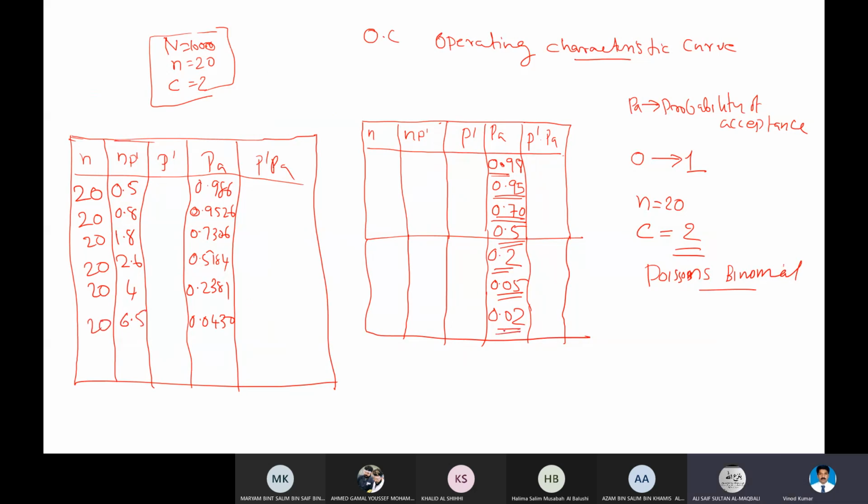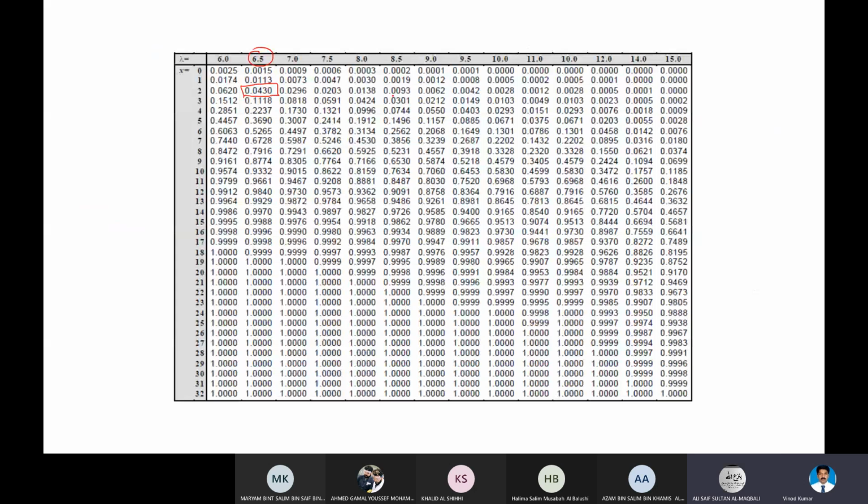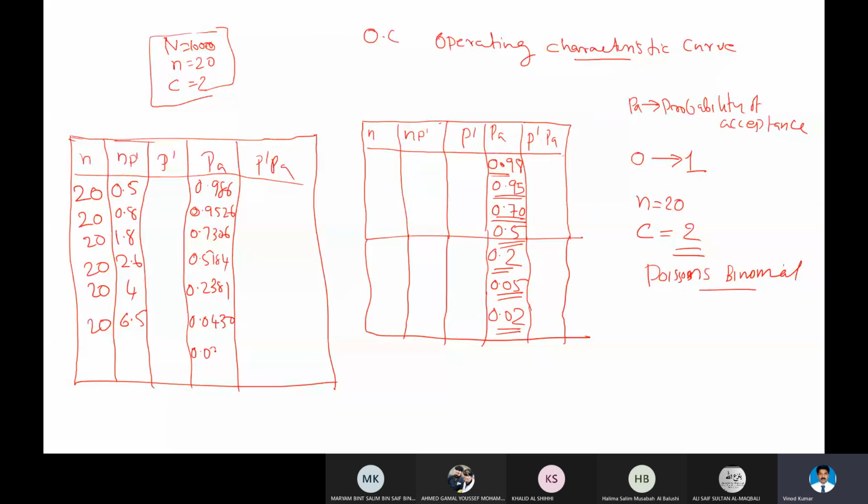What is the last one? 0.02. From where we get 0.02? 0.02 from here. 0.0203, 7.5, correct? Yes. 0.0203, 7.5, 20. Clear?